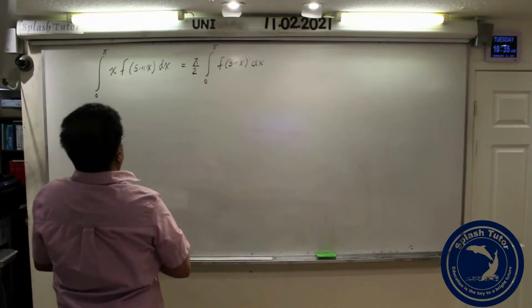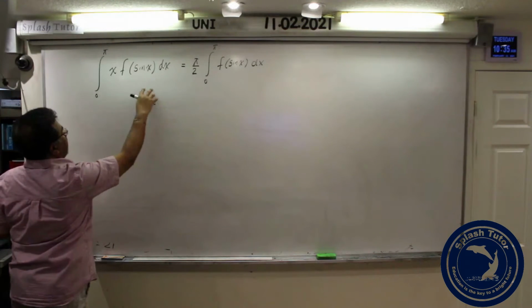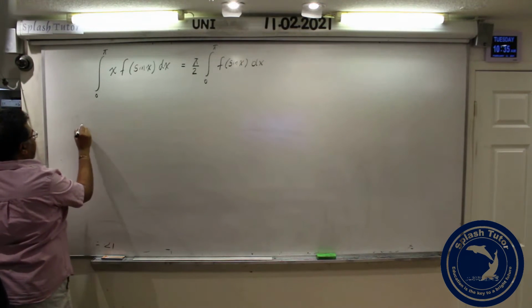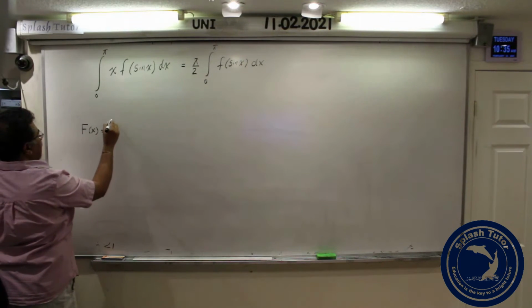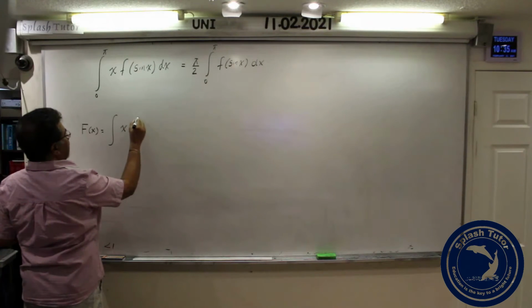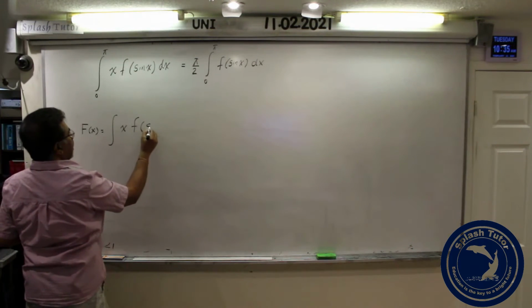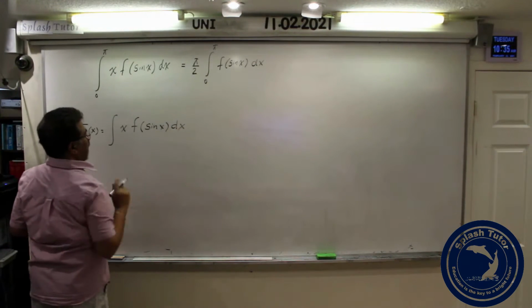Yeah. So now let's take this as a capital F(x). So I'm going to say capital F(x) equal to the integral of x times f(sine x) dx.